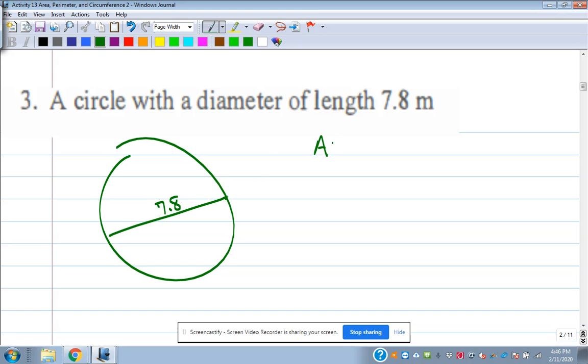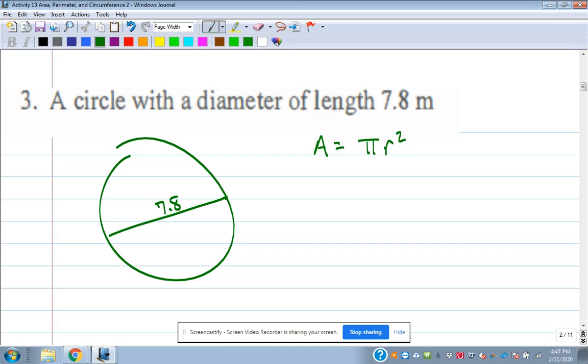Now, what's the formula for area of a circle? Nope, that's circumference. These are supposed to be general knowledge things. Yeah, that's area. Pi r squared. And the joke that my dad always says is, no, pi r round. Pi r squared. So we got to have the radius.